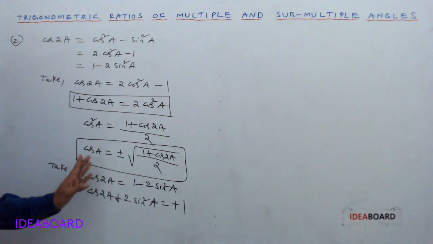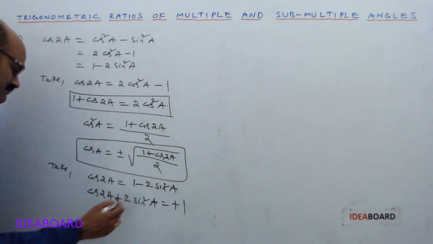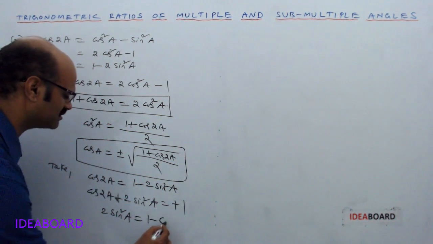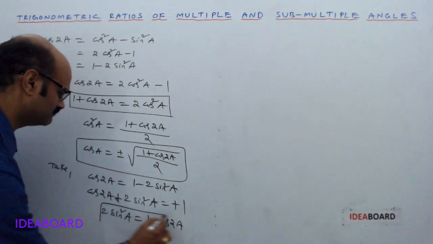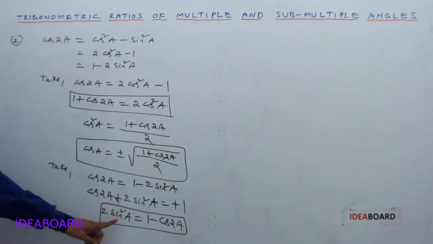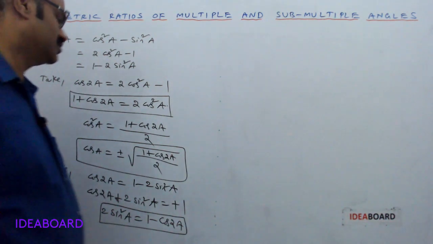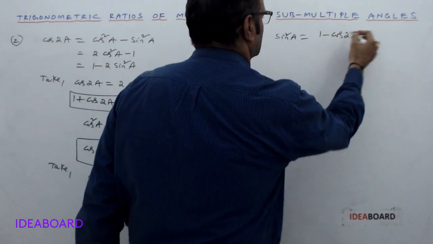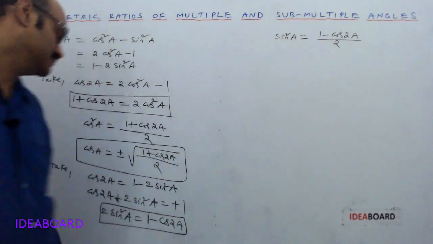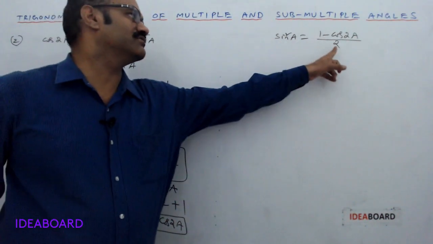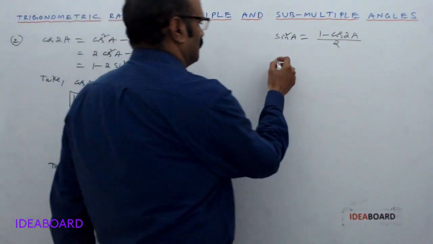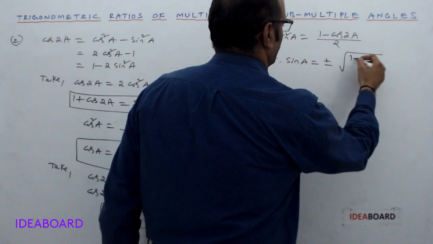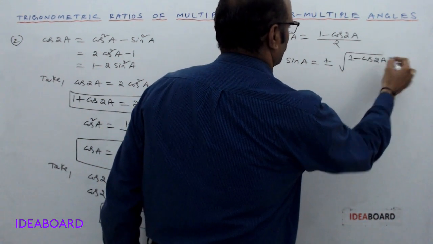Now write cos 2A from LHS to RHS. Then 2 sin square A equal to 1 minus cos 2A. Now sin square A equal to (1 minus cos 2A) by 2. Therefore sin A equal to plus or minus square root of (1 minus cos 2A) by 2.